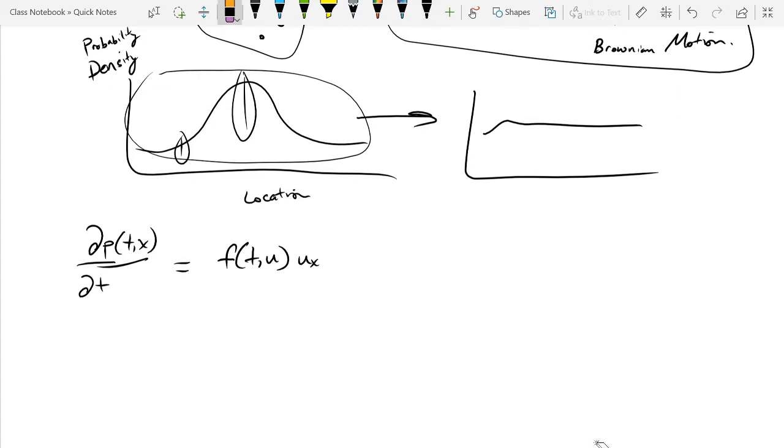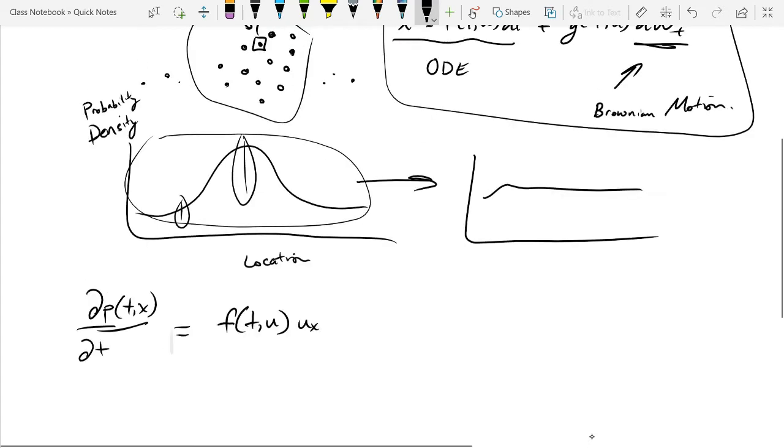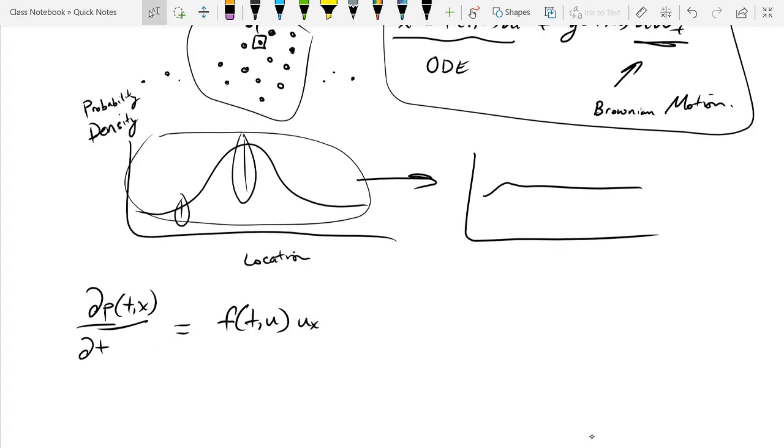Okay, so that evolves as that term plus g(t,u) squared over 2 times d_xx. Why am I using u? Oh, let me use u then for the probability.